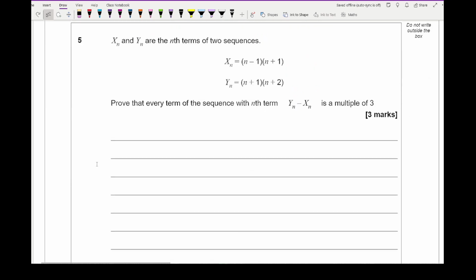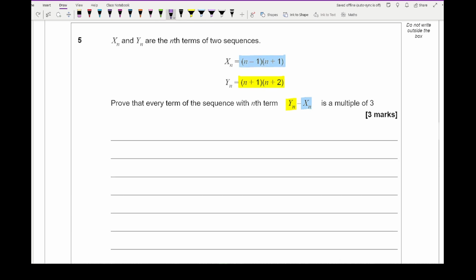Moving on to question 5, it says x_n and y_n are the nth terms of two sequences, and we've got those two sequences there. And it says prove that every term of the sequence with the nth term of y_n minus x_n is a multiple of 3. So what we need to do is first of all substitute these into that expression like so.